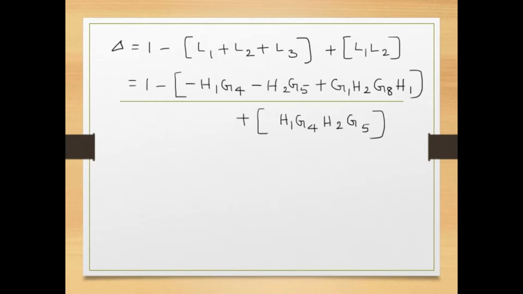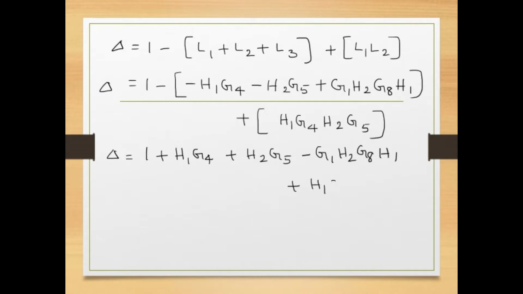So delta is 1 plus H1 G4 plus H2 G5, sorry, not plus, it is minus G1 H2 G8 H1 plus H1 G4 H2 G5.